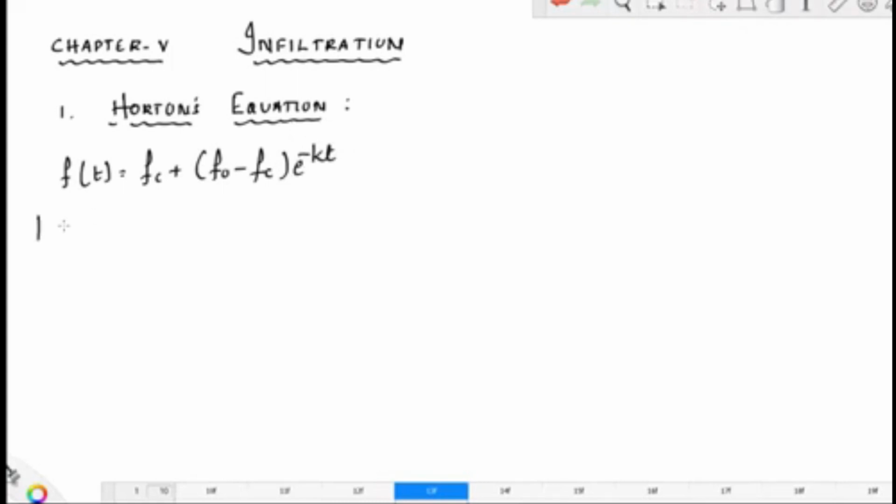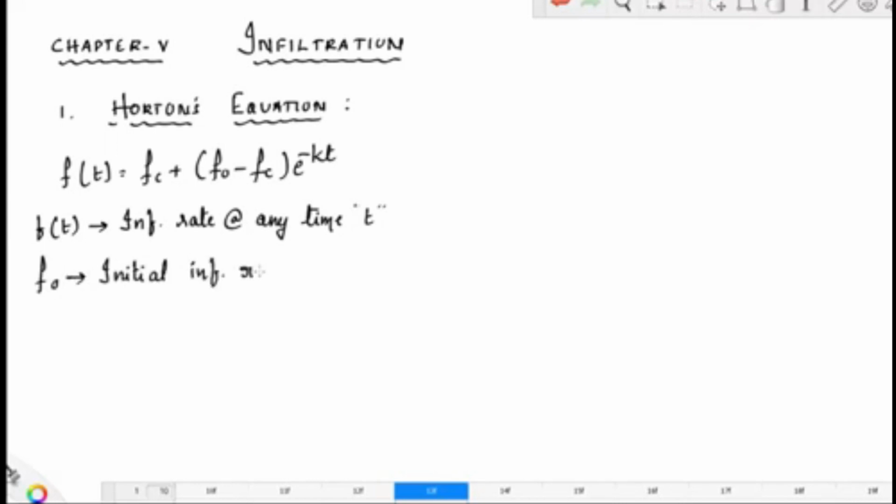Here, f of t is representing infiltration rate at any time t. f naught is initial infiltration rate. fc is constant or steady state or final or ultimate infiltration rate.